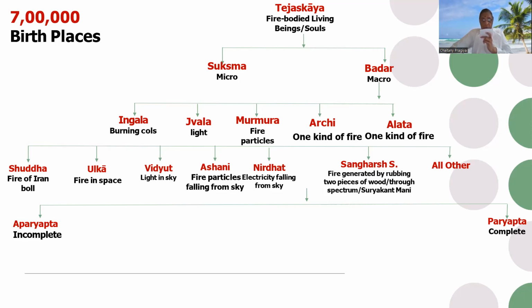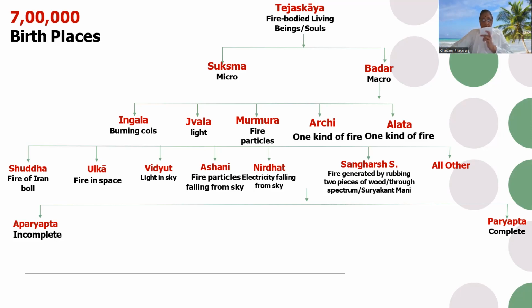They are not of our use. They live their own life according to their own karmas. So far as the macro living beings are concerned, they come into our day-to-day use, and we use those living beings for different purposes.